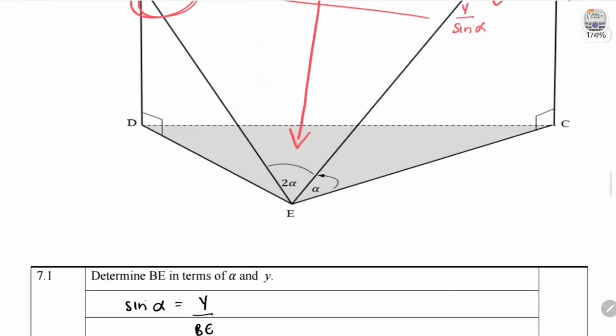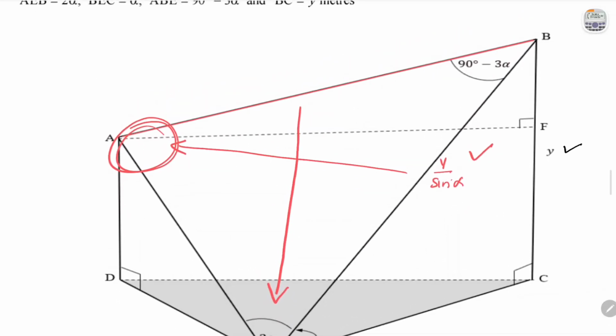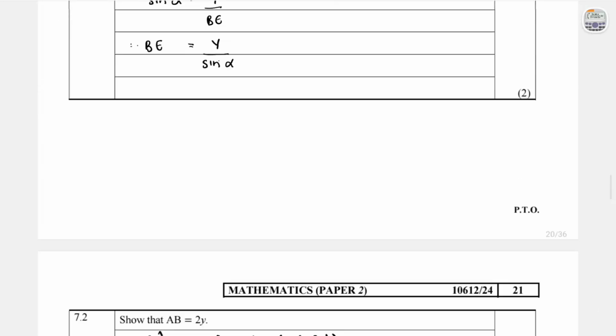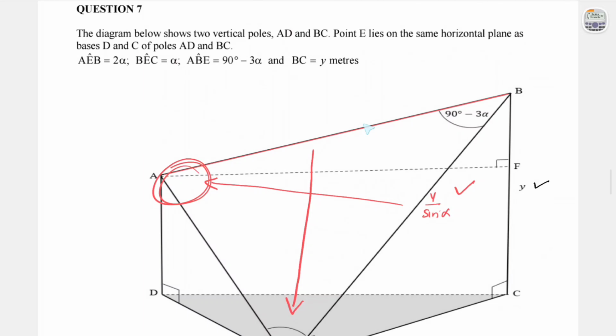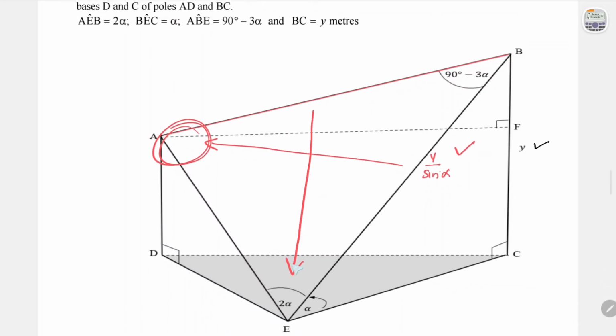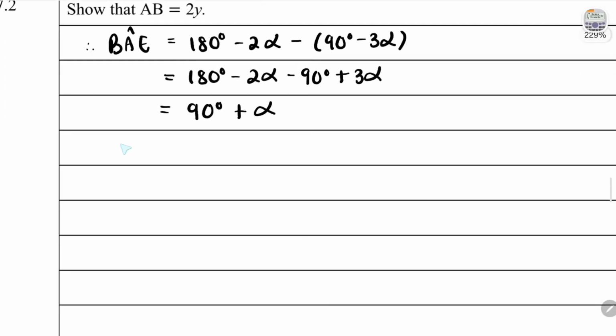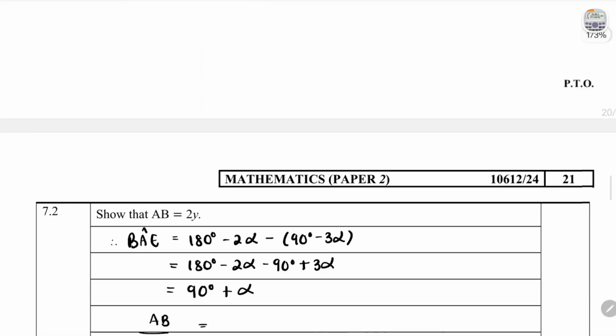Now that we have that angle, we can finally use the sine rule. We're trying to find the side AB, so we take the side over the sine of the angle opposite it. The angle opposite AB is 2 alpha. So this is AB over sine 2 alpha, and this is equal to another complete pair.